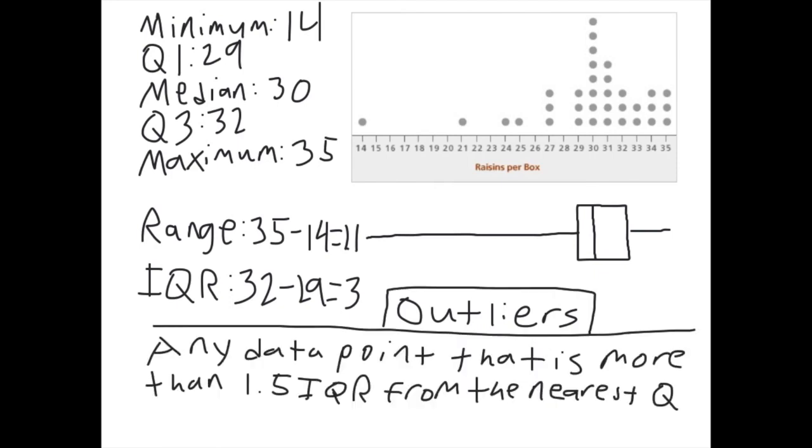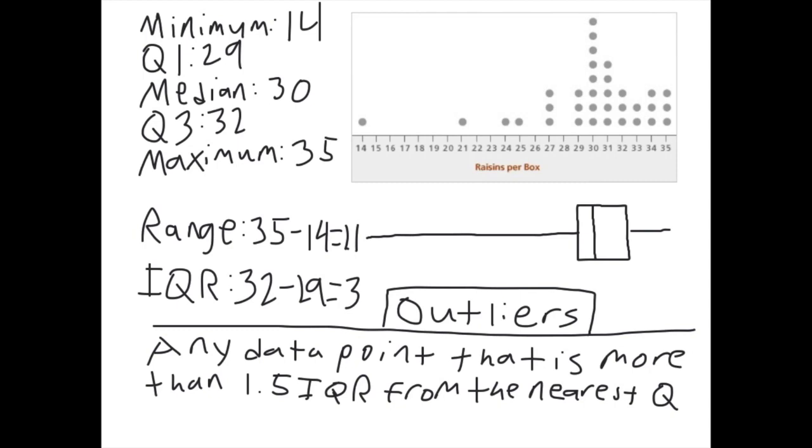An outlier is any data point that is more than 1.5 times the IQR from the nearest quartile. So the interquartile range is 3. So an outlier would be anything that is 1.5 times IQR from the nearest quartile.